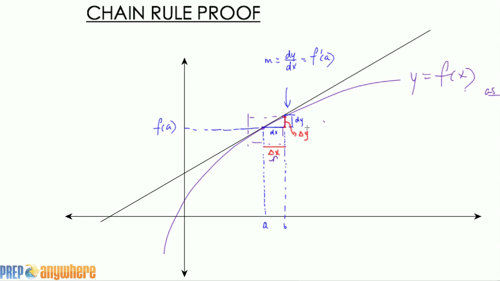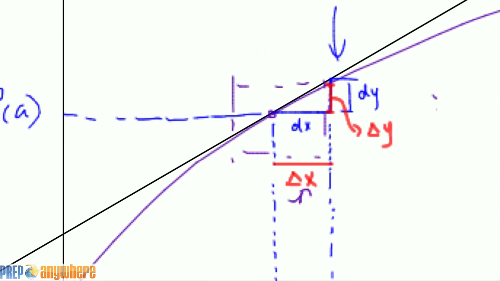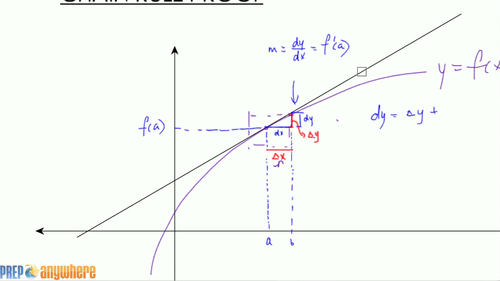Now I'm going to make dy equivalent to delta y plus the small difference, the small height difference between delta y and dy. In this case dy is larger, so dy minus delta y, I'm going to call that epsilon. In other words, dy is equal to epsilon plus delta y.